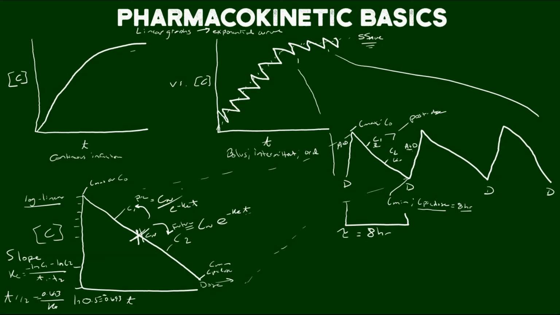And then finally, how we utilize the benefit of a log linear graph to calculate the slope, which is the elimination rate constant, half-life, which is based on the elimination rate constant and the natural log of 0.5, and how we would calculate future and past drug concentrations based on a known drug concentration by multiplying or dividing by the exponent that includes the negative elimination rate constant and time.